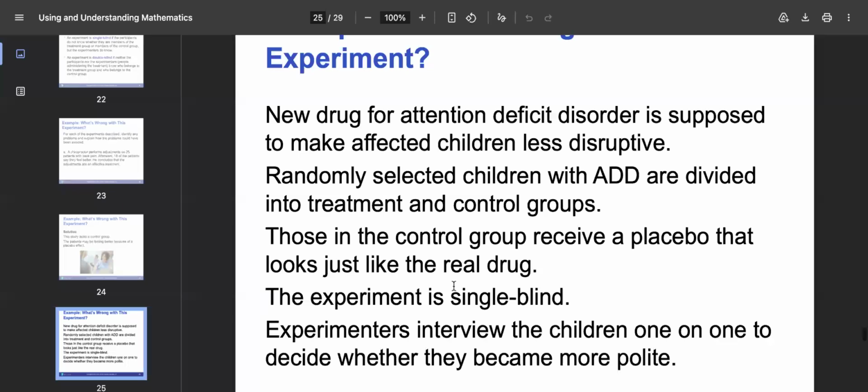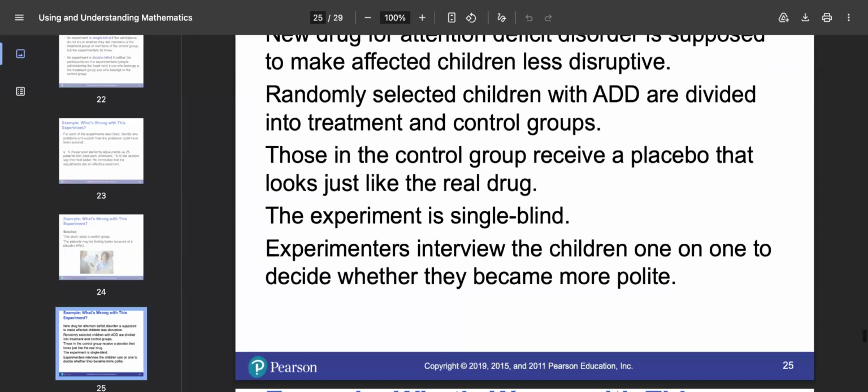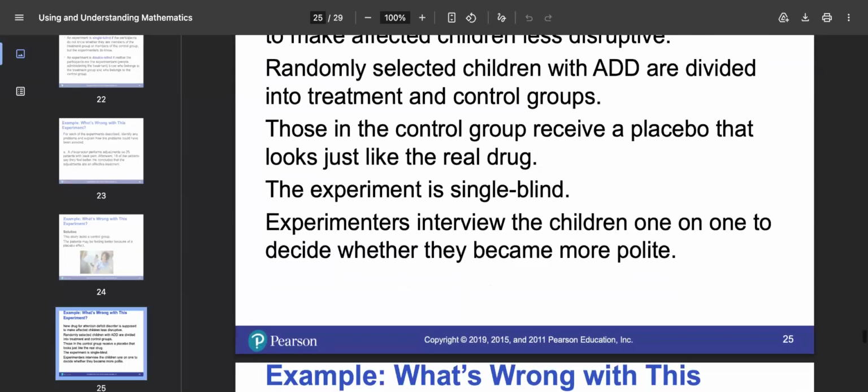Experimenters interview the children one on one to decide whether they became more polite. This is a whole lot like what I just got through saying. It depends on how the interviewer approaches it. You can make a child, especially a child with ADHD, react. I know this from firsthand experience.